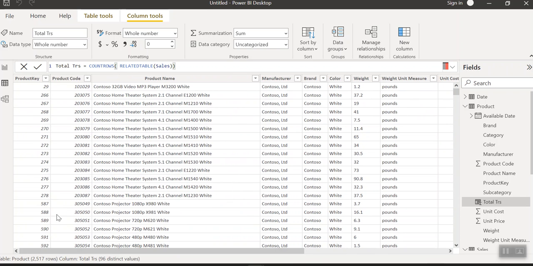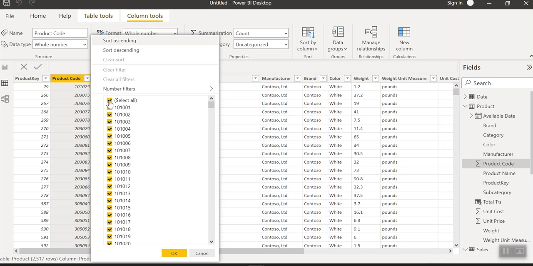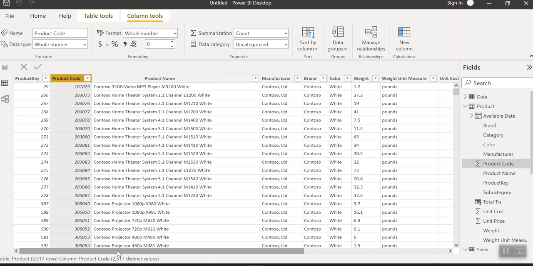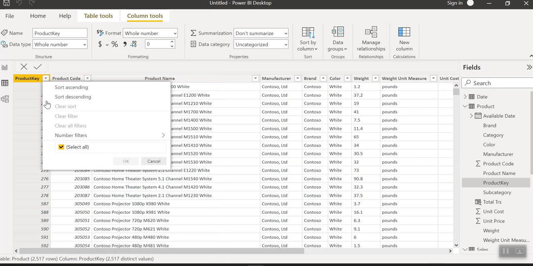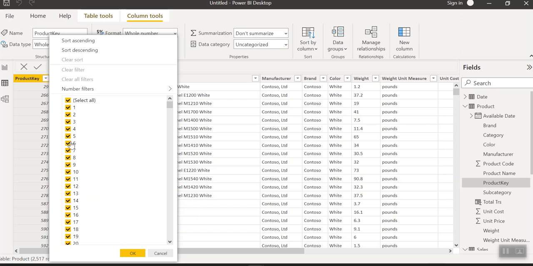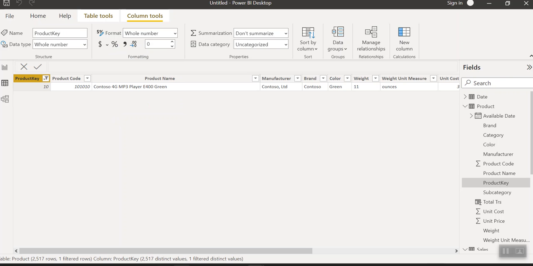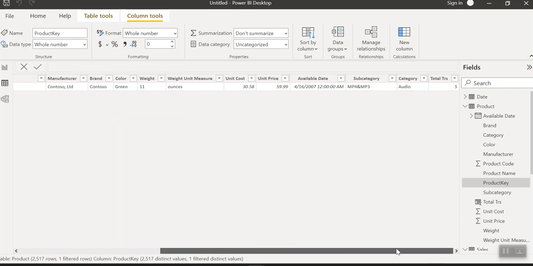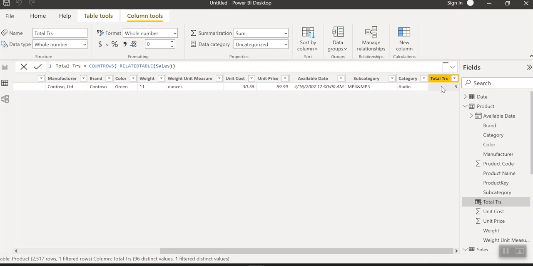Nulls mean there are no transactions, and a value means that is the number of transactions. Let us understand with one example, like product key. I'll check only for the product key. How many transactions happened? 5 transactions happened.